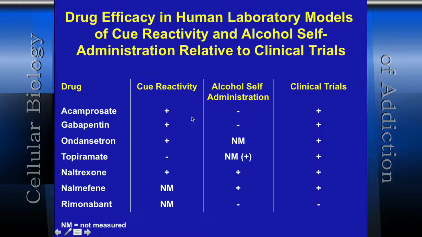Gabapentin is another drug that we hypothesize acts in that protracted abstinence phase. And likewise, it showed a positive signal in Q reactivity, negative findings in alcohol self-administration, positive findings in clinical trials. So this is good. This is what you want to see. You want to see human laboratory models used that accurately line up with the outcomes of clinical trials. These drugs down here are more hypothesized to act in that binge intoxication phase of the cycle.